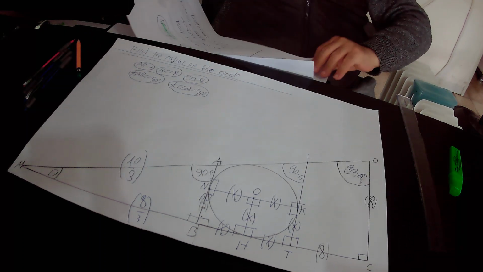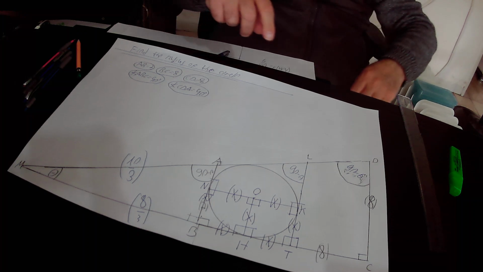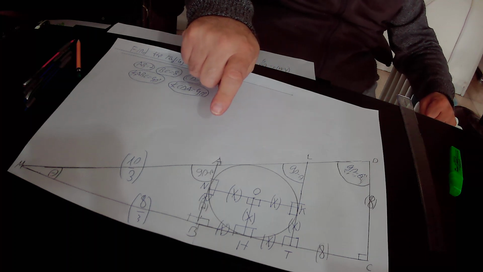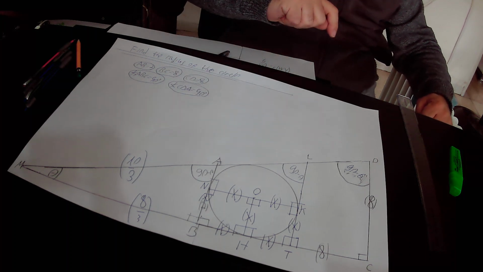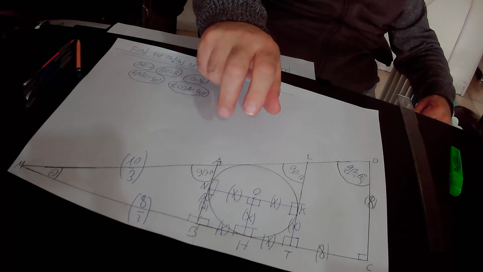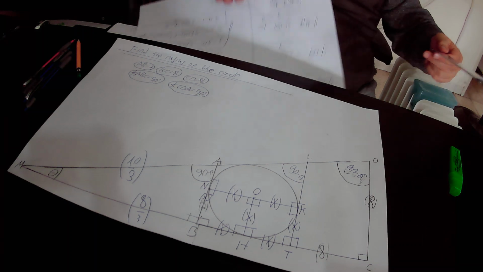So we actually proved that all the three angles in the big right triangle LTM are correspondingly equal to all the three angles in the small right triangle MBA. Therefore, those two right triangles are similar to each other according to the angle similarity rule. So I write it down.